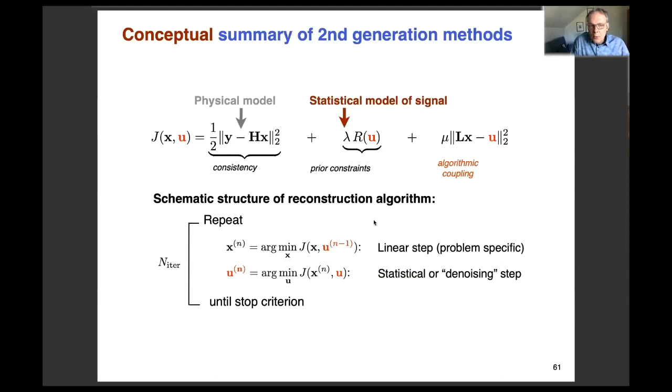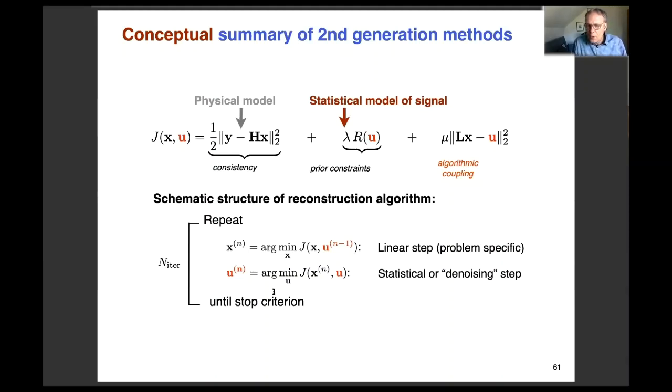This is relatively stylized, but with the ADMM type algorithm, you are essentially alternating between a linear step that's relatively classical, because you can reuse fast algorithms from the 20th century or linear solvers.